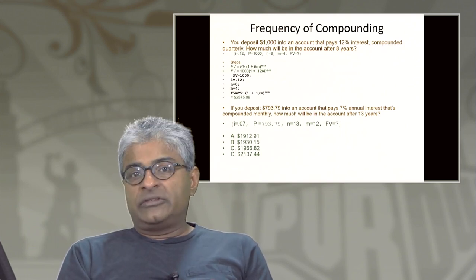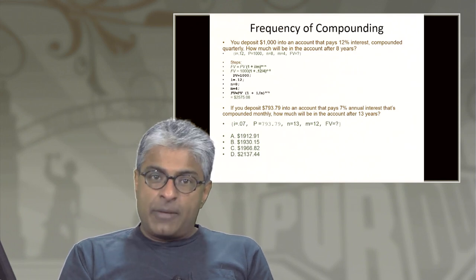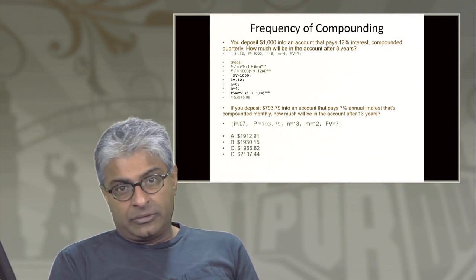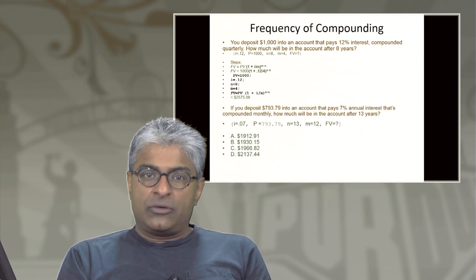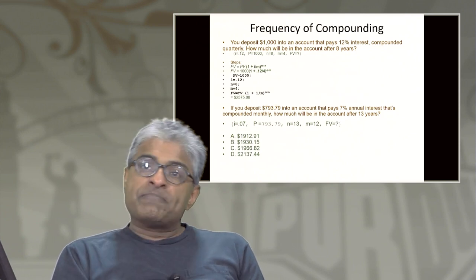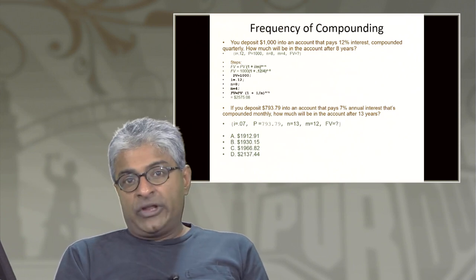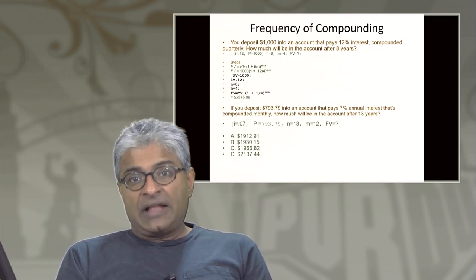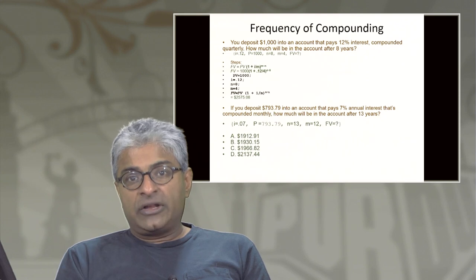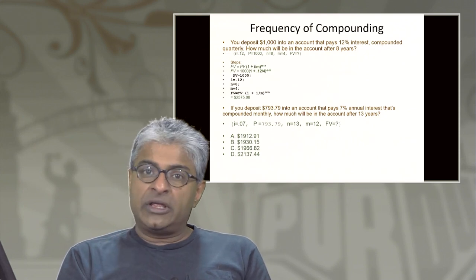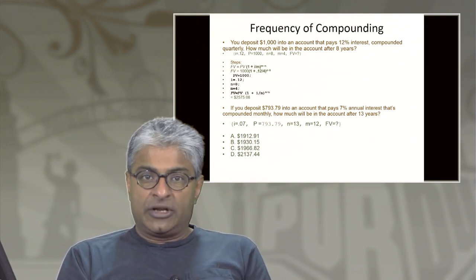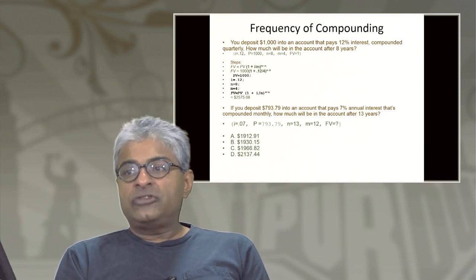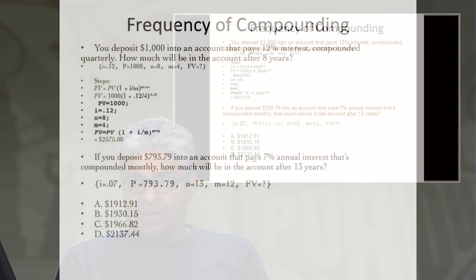So there are all these different frequencies of compounding that you need to pay attention to. You cannot always assume annual compounding. In fact, when you have more frequent compounding, that means money is growing faster. So that's the first thing. There's a direct correlation between frequency of compounding and how fast money is going to be growing. So you need to pay attention to that.